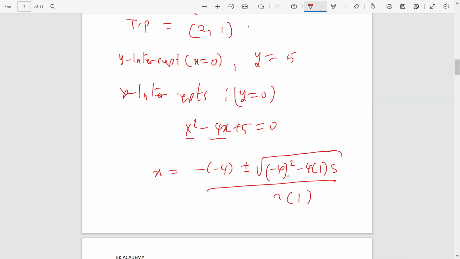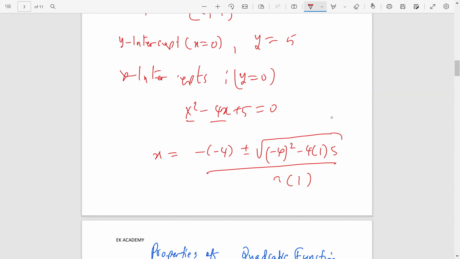So you have 16 minus 20. It is impossible. So there is no real root, and we can say that there is no x-intercept.